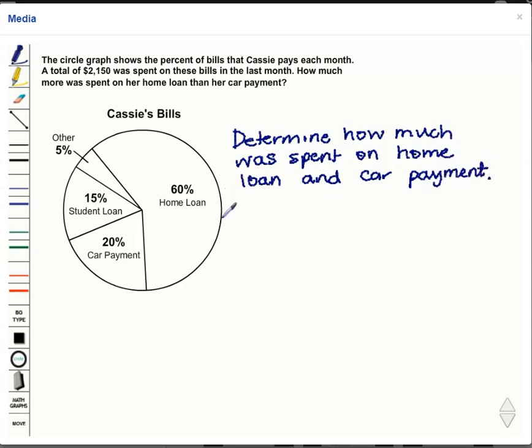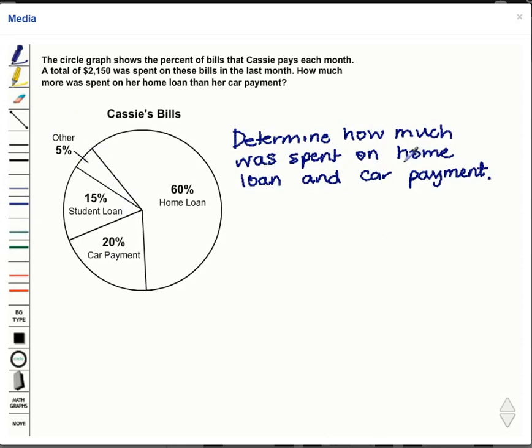So if we look at the circle graph, you can see that 60% of her money spent was on the home loan, 20% on her car payment, 15% on her student loan, and 5% on her other bills.